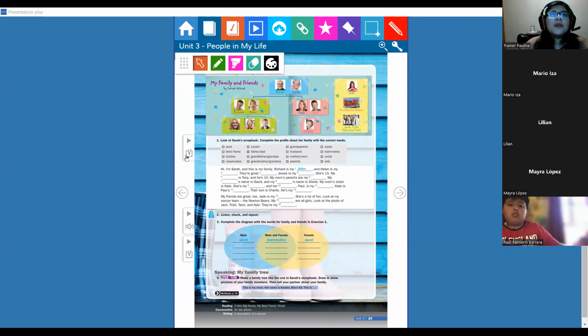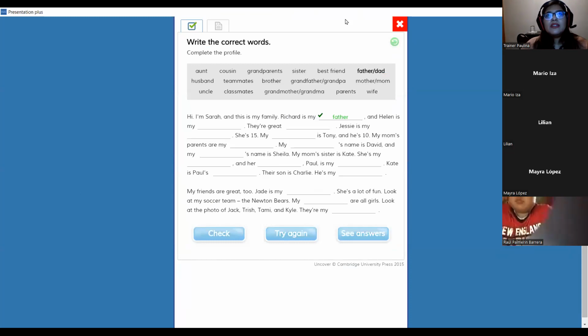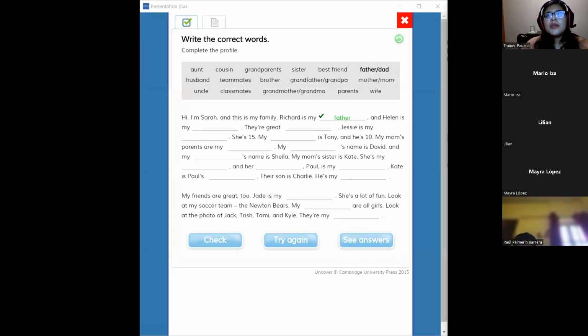So here's what we're going to do. Here's the exercise, and I'm going to double the screen so you guys can see the picture next to the actual exercise.